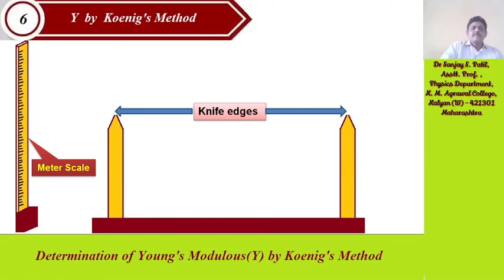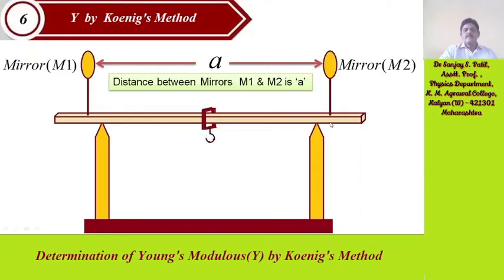Now in this experiment we will use a meter scale and knife edges for resting the beam on these knife edges. There is an arrangement in which the beam has two mirrors fitted, mirror 1 and mirror 2.